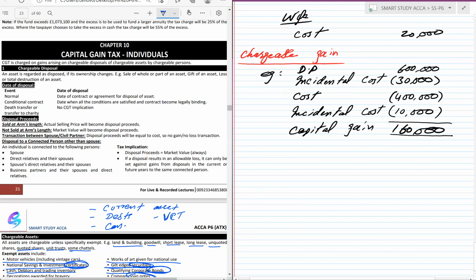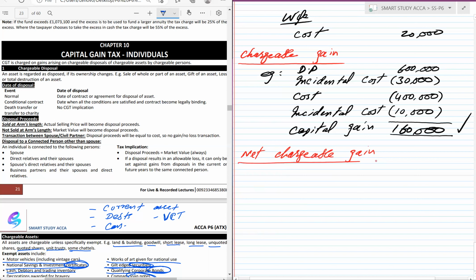We will calculate gain or loss on every asset in the same way: selling price minus all the relevant costs. We calculate chargeable gain on every single asset in this way. Then we calculate net chargeable gain.